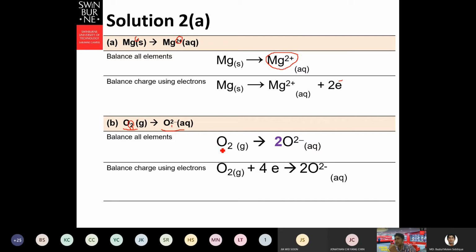Where does it get the electron? And how many electrons does it need? From this oxygen O2, it is producing O2 negative, right? Just focus on this O2 negative, don't focus on the 2 plus.